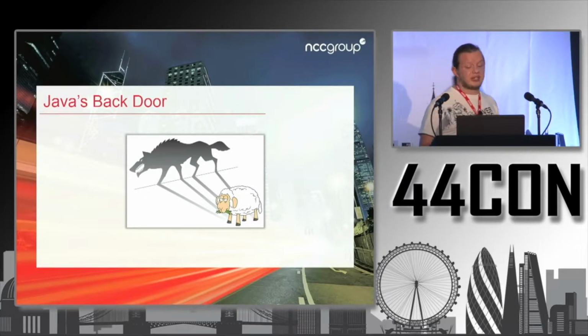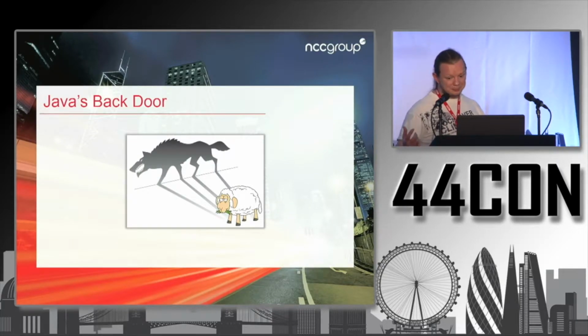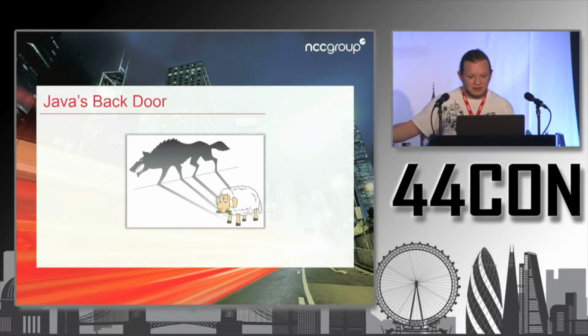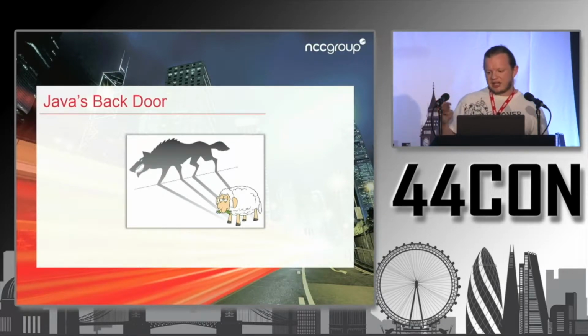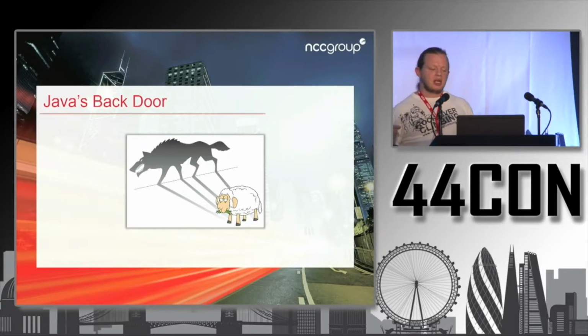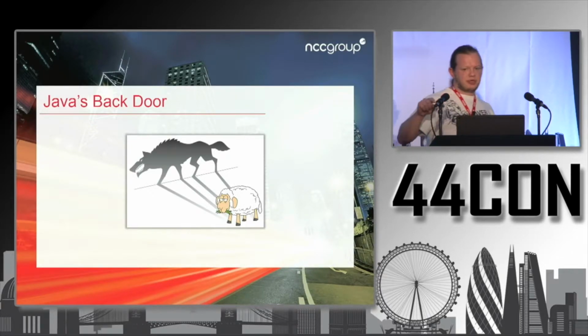So essentially, if we can call a remote method that's exposed over RMI, at the network level, we can replace the method parameter with any object we want, any YSOSerial payload, any deserialization payload. That will be received by the server, deserialized, and executed. There's a slight caveat to that, which is that the method parameter we replace cannot be a primitive type.